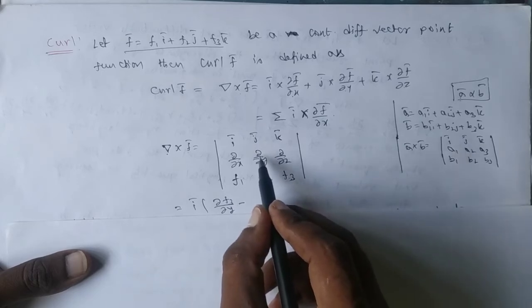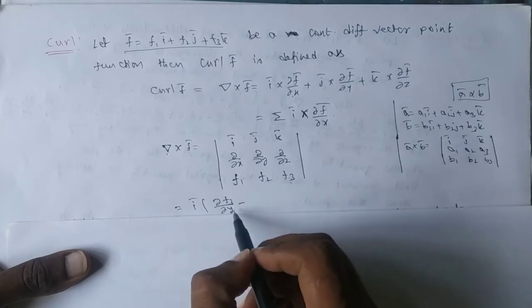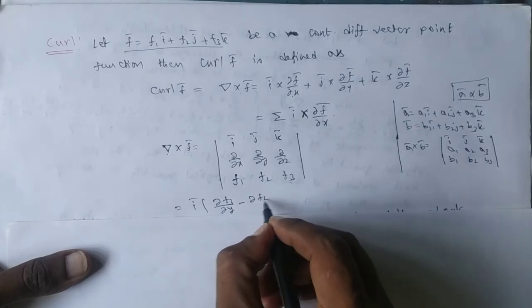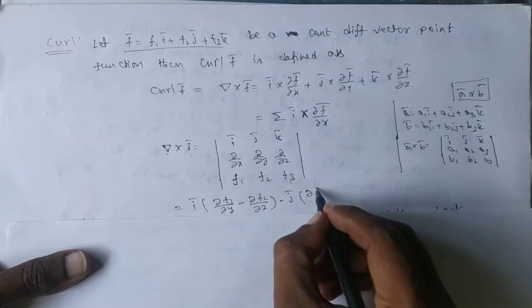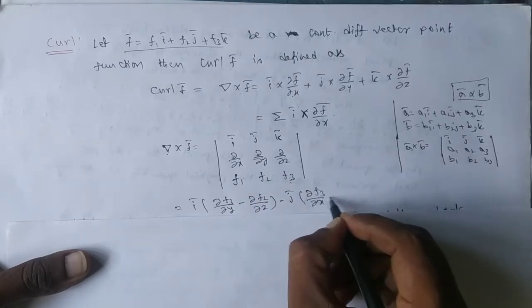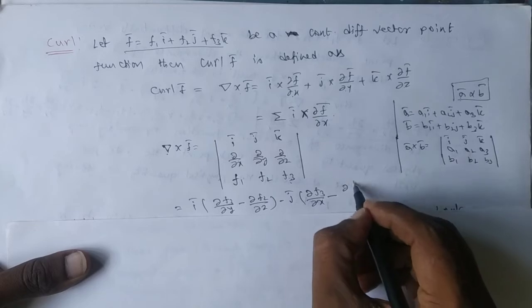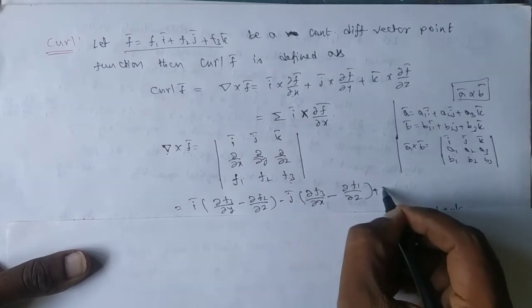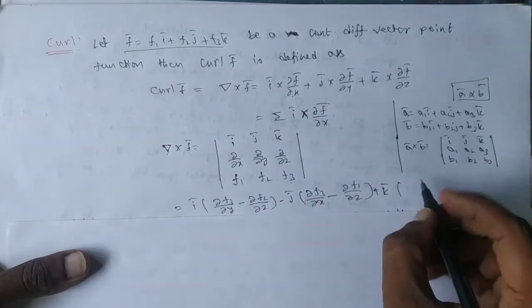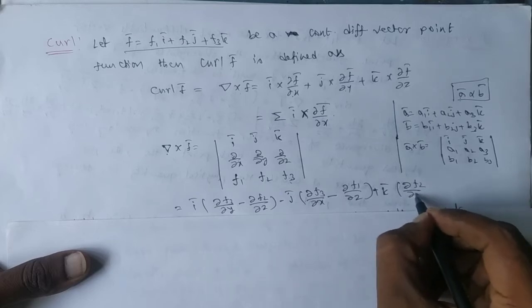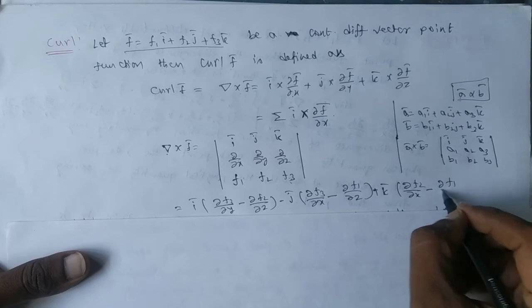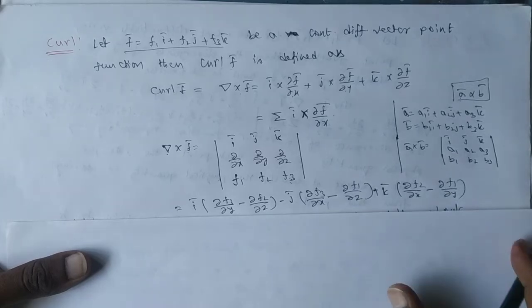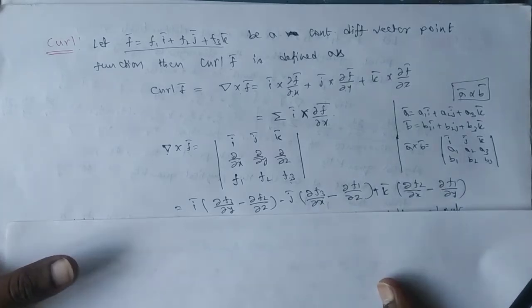You should operate this dou by dou y onto f3, dou f3 by dou y minus dou f2 by dou z, minus j bar into dou f3 by dou x minus dou f1 by dou z, plus k bar times dou f2 by dou x minus dou f1 by dou y. Like that we can calculate the curl of any vector point function.